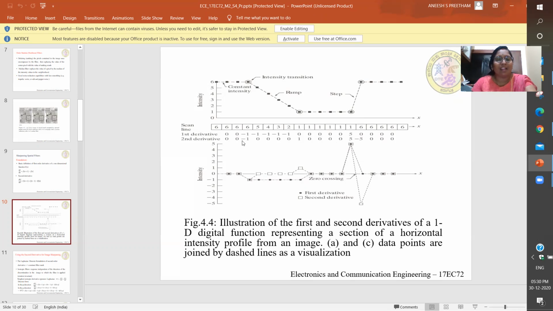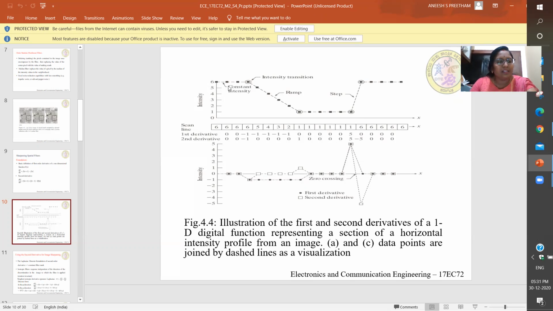These values are represented as black dots in figure A. The dashed lines connecting the black dots are included to aid visualization.